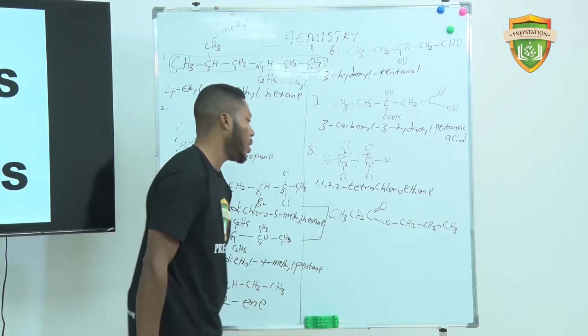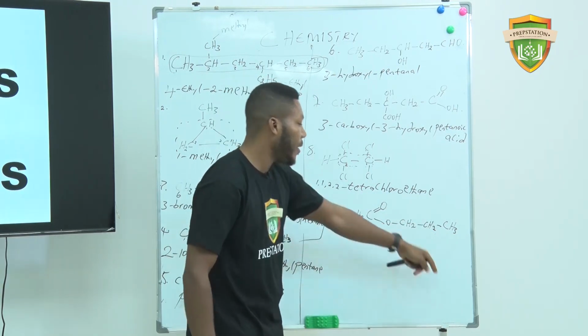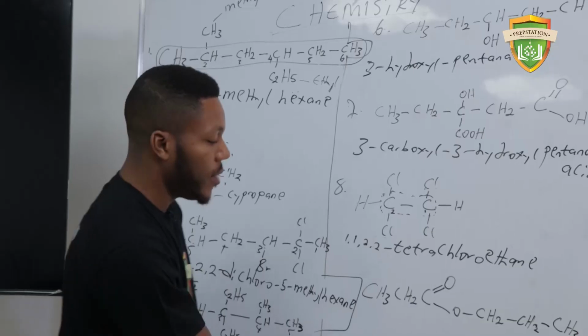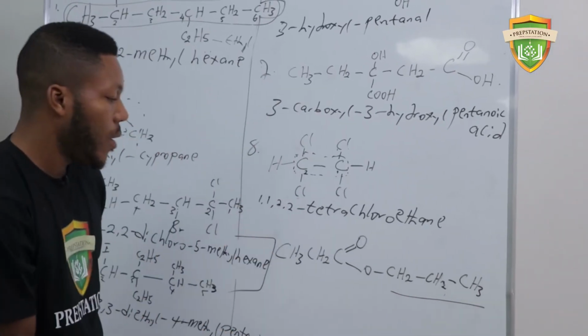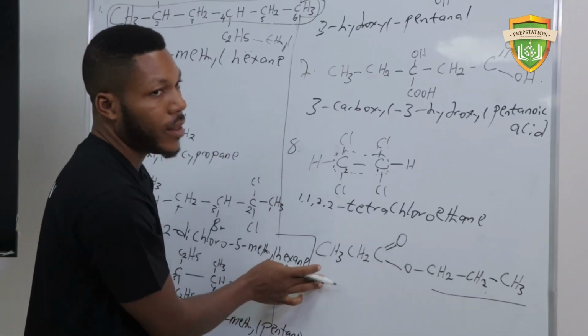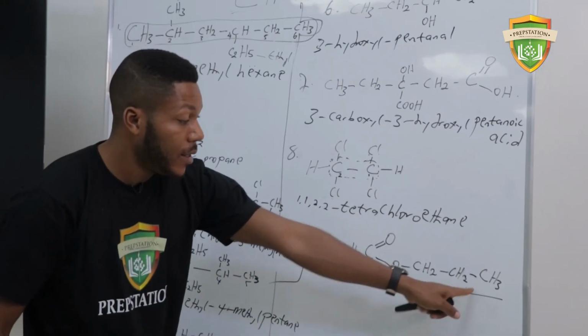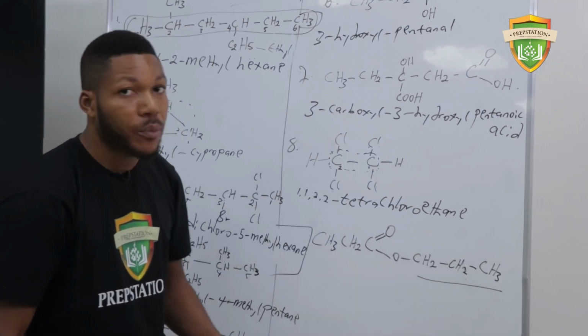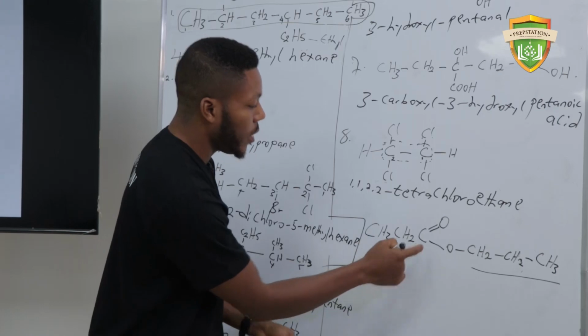Then the last but not the least, this is from an alkanoate family, or an ester. So if you look at it very well, this acts as a substituent, whereas this acts as the main organic functional group. So you start from the substituent. 1, 2, 3 is called propyl from propane. Then 1, 2, 3 is what?